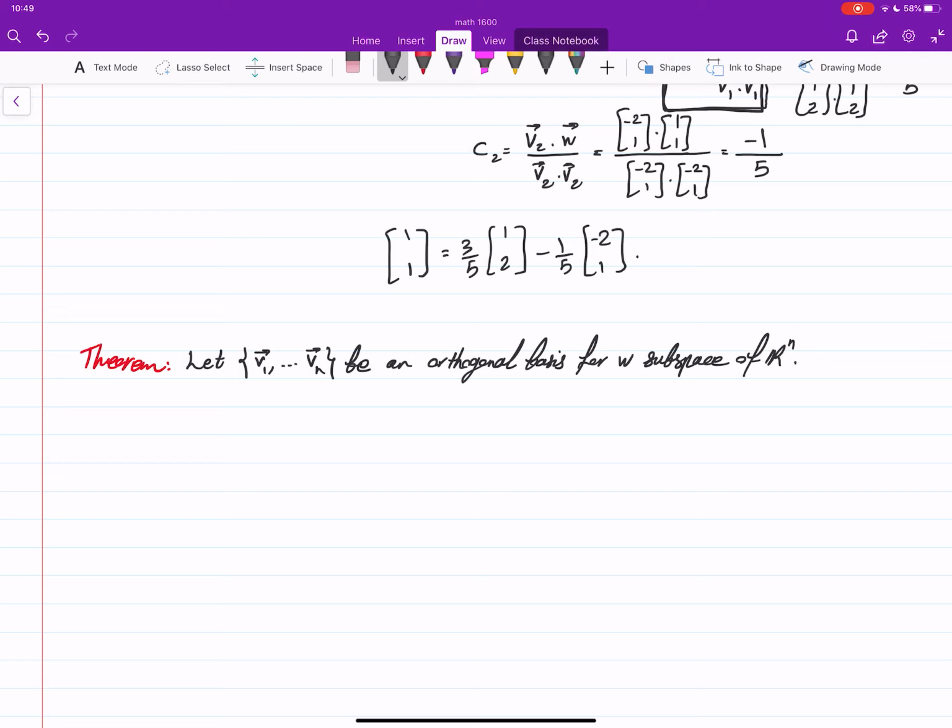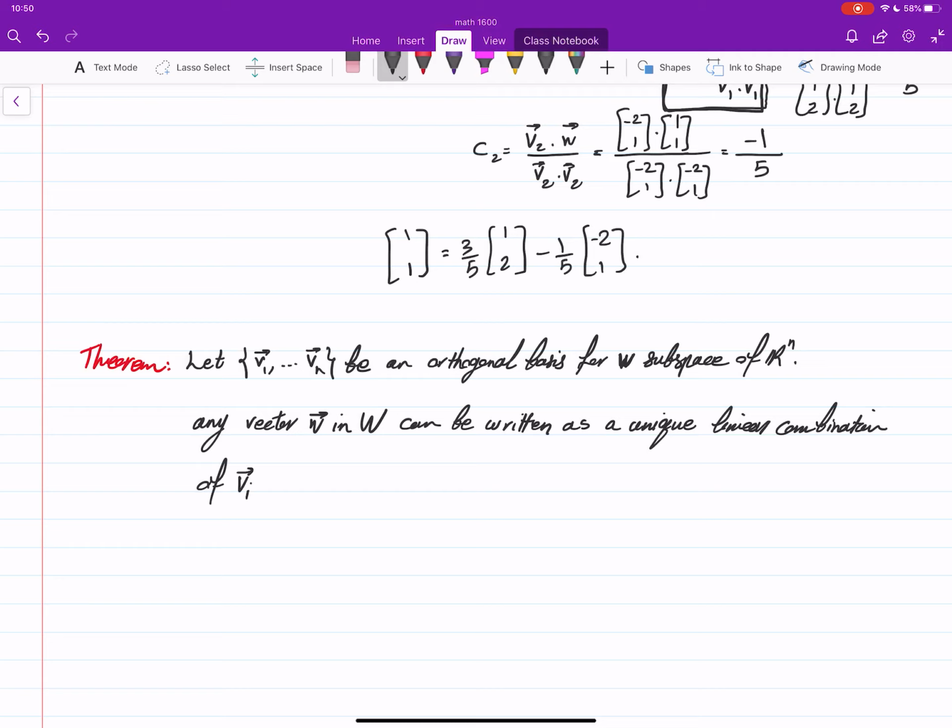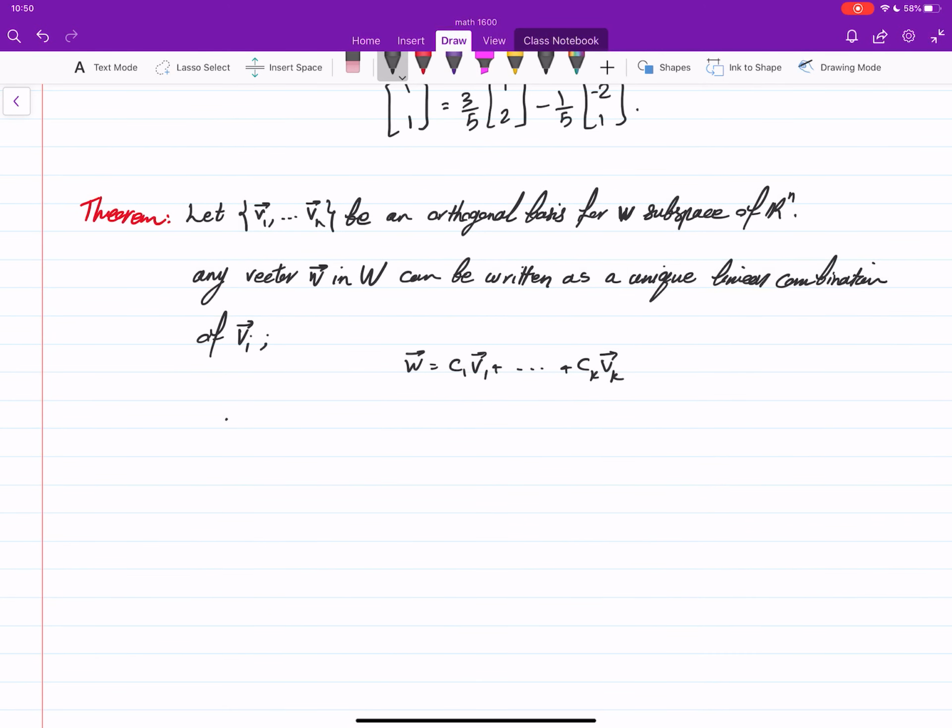Then any vector W in the subspace W can be written, this is nothing new, as a unique linear combination of the vi's. It means that W is C1 V1 up to CK VK. So far, there's nothing new. This is what is new and what we showed up there. Here the set can only have k vectors, yes.